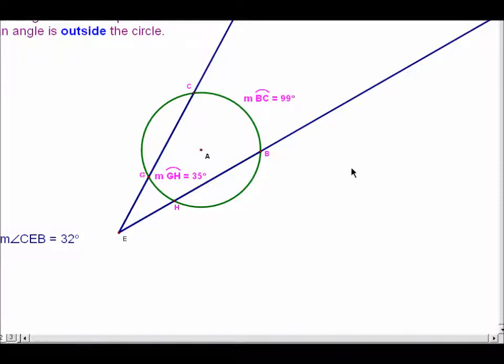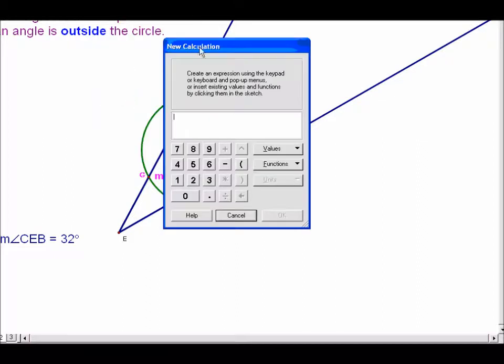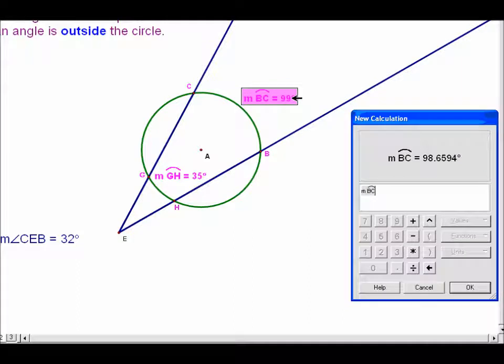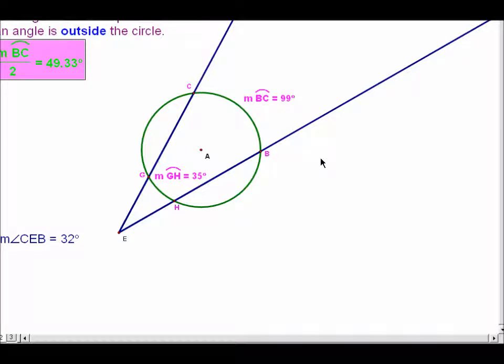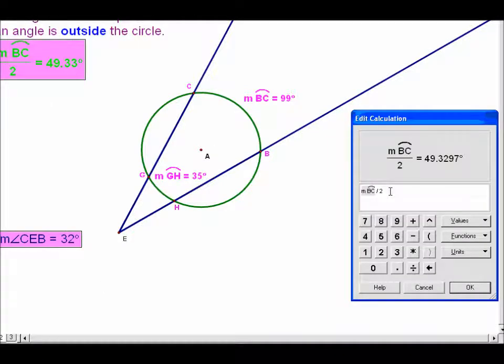All right, so we could try a couple of things. Here's a calculator. Let's say we wanted to look at the relationship with BC, and see what happens if we divide that by 2. That gives us 49.33, not the angle measure we're looking for. Let's see what happens if we somehow combine that with the measure of arc GH.